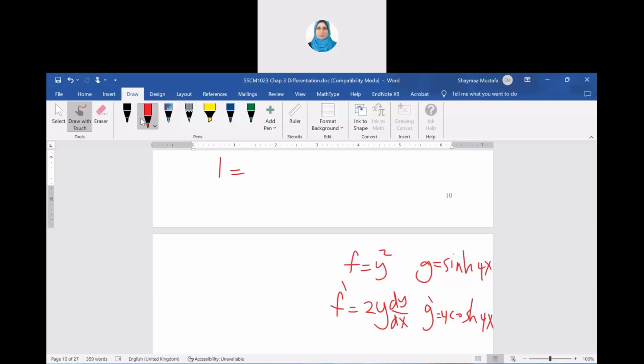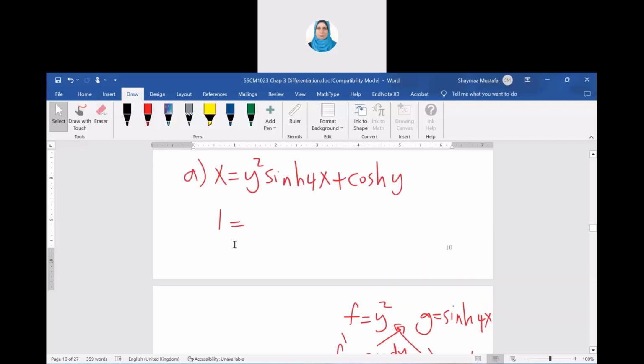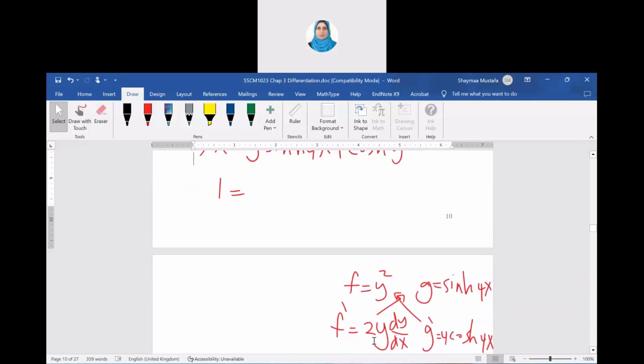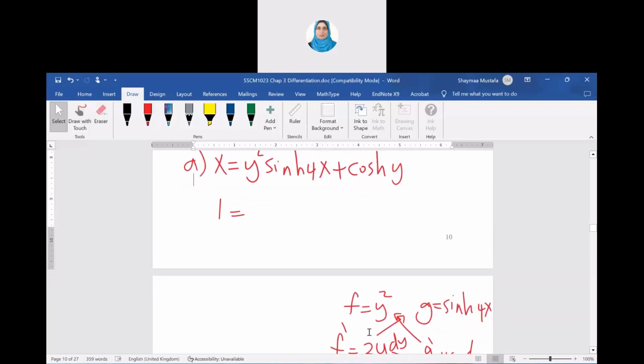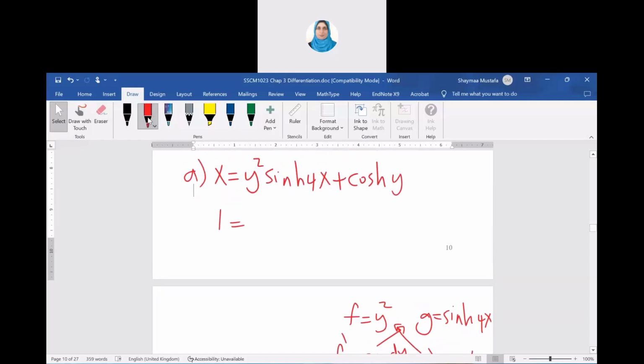Now apply the product rule. The derivative for f times g plus the derivative for g times f. So the derivative for f is 2y dy over dx.